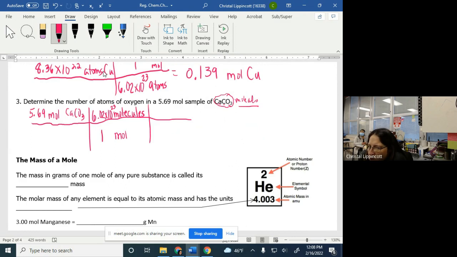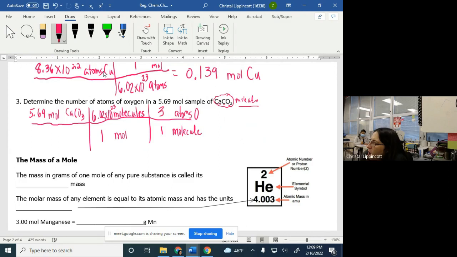And so here we're saying in this sample, we've got this many molecules. And now we're going to say, okay, in one molecule, we have how many atoms of oxygen? Well, this is where we're going to get our conversion factor from. For every one of these, how many oxygens do I have? 3.